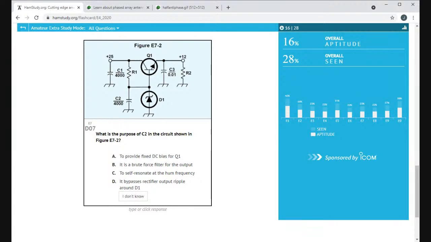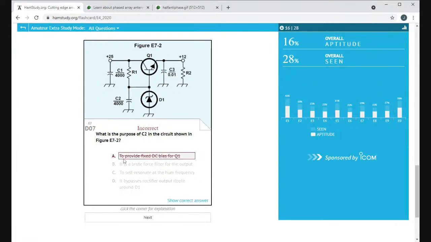D, a bypass rectifier output ripple around D1. I don't know. By the process of guessing and elimination, it is D, a bypass rectifier output ripple around D1.